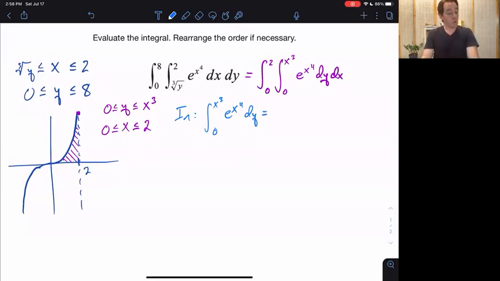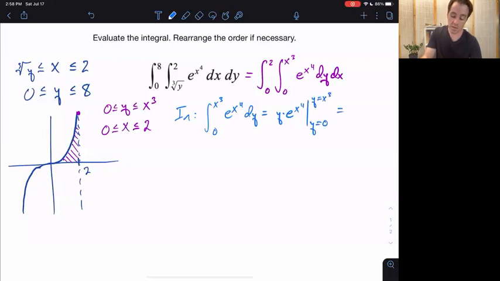Well, e to the x to the fourth is a complicated thing from x's perspective, but from y's perspective, it is a constant. So this will be y times e to the x to the fourth, as in, the integral of 2 would be 2y. This will be evaluated at y equals 0 and y equals x to the third.